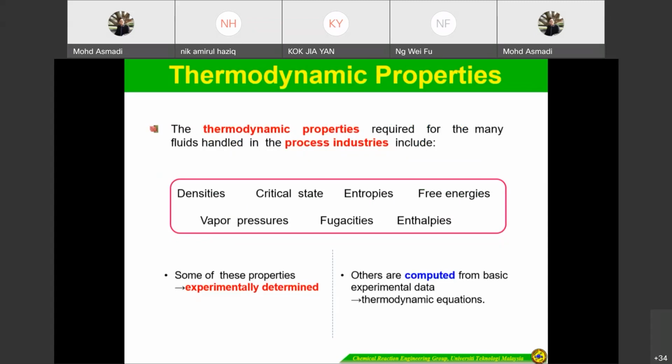But the main thing is how to determine the compressibility factor. So what will we use? Cubic equation of state. Ideal gas equation we also call an equation of state. And equations of state can be divided into virial, cubic equation of state, as well as ideal gas equation. And then we can use vapor liquid equilibrium.